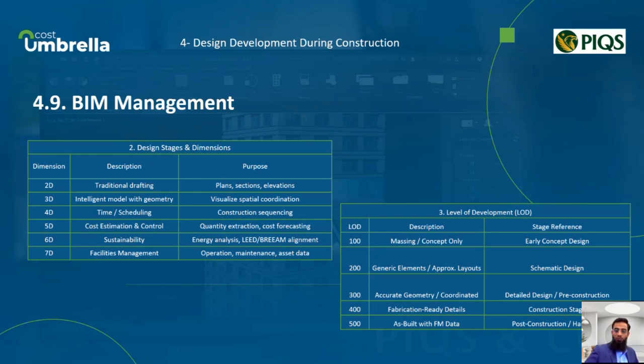For instance, LOD 200 models are still generic and used during schematic design, while LOD 300 includes coordinated geometry used in detailed design and the tender stage. By LOD 400, models can be directly used for fabrication.